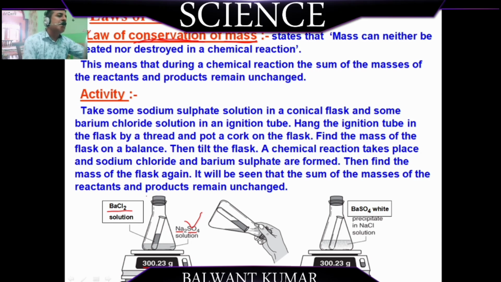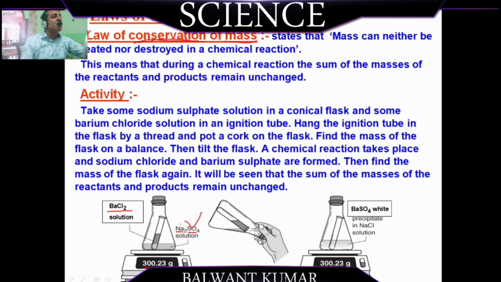Now, after we measure the mass of the reactants, we allow them to mix in the conical flask and allow the reactants to mix properly into each other. A reaction will take place.